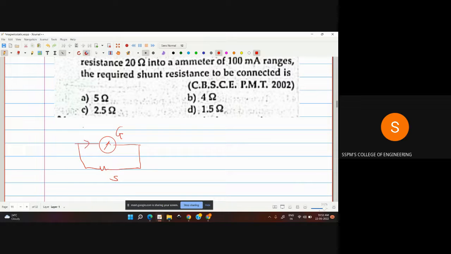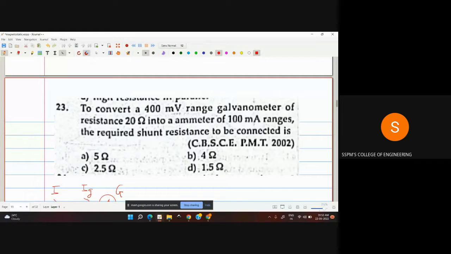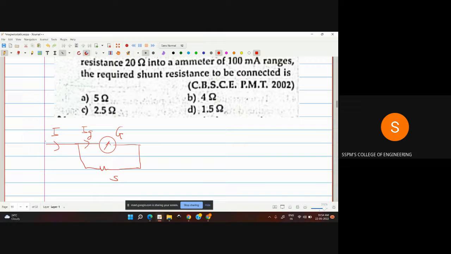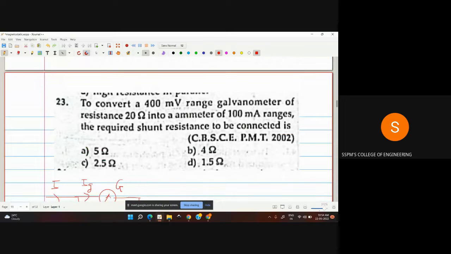Let us consider the current flowing through the galvanometer is Ig and the total current is I. आता इथे काय केलेलं आहे बघा, to convert a 400 millivolt range galvanometer of resistance 20 ohm into an ammeter of 100 milliampere range. आता आपल्याला पहिल्यांदा काय फाइंड आउट करायचं आहे, the current Ig. हे कसं फाइंड आउट करणार, तर इथे व्होल्टेज अक्रॉस गॅलनमीटर दिलेलं आहे.